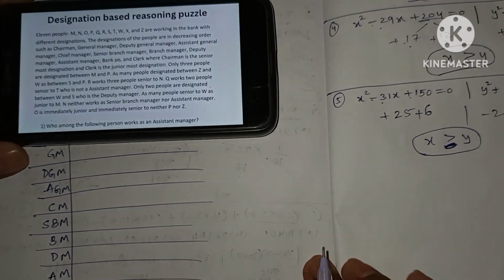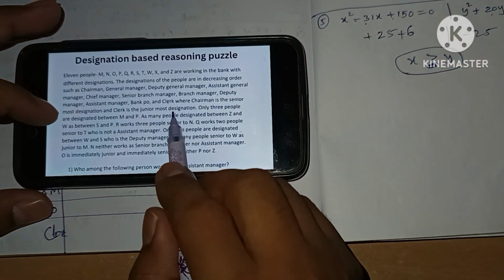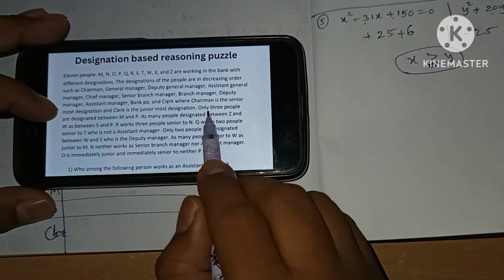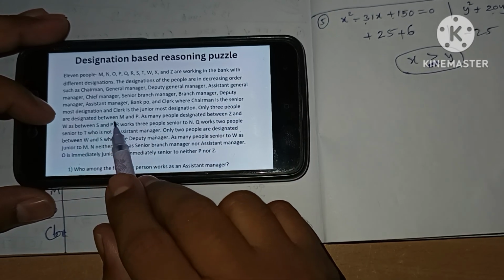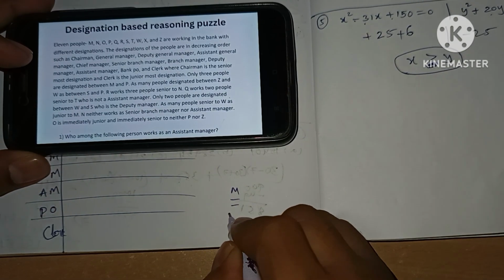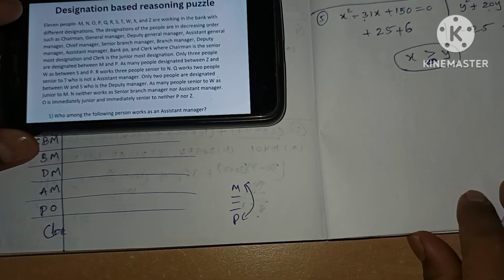Okay, now let's note the rough statements. First, starting from here, only three people are designated between M and P. Three people between M and P. We represent like this.